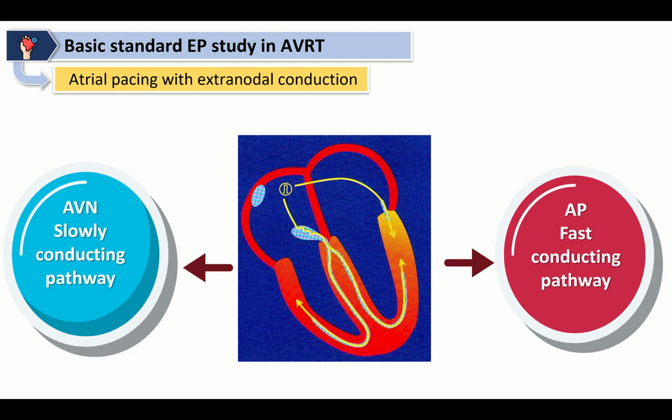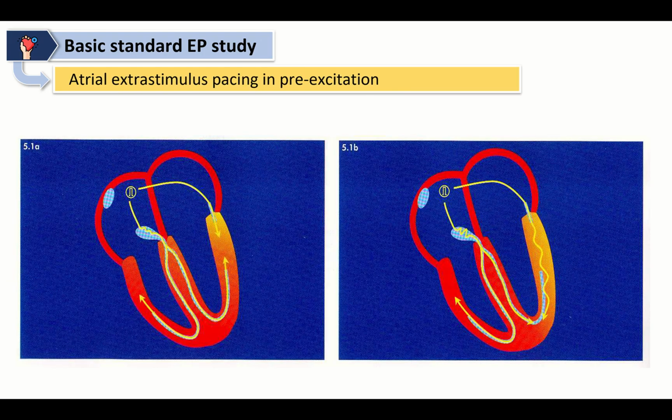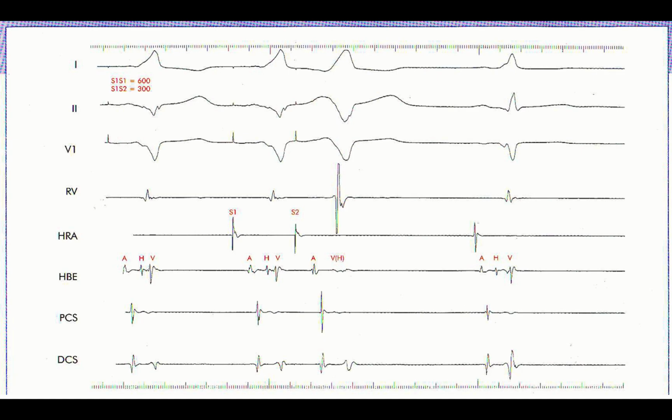And when you give an atrial extra stimulus, you should know it is a competition between the accessory pathway, which is a fast conducting pathway, and the AV node, which is a slowly conducting pathway. The shorter the coupling interval of the atrial extra stimulus, the more stress on the accessory pathway, the more conduction through the accessory pathway, more pre-excitation. So let's give a train of S1 atrial pacing, then give an atrial extra stimulus, and we can appreciate more pre-excitation.